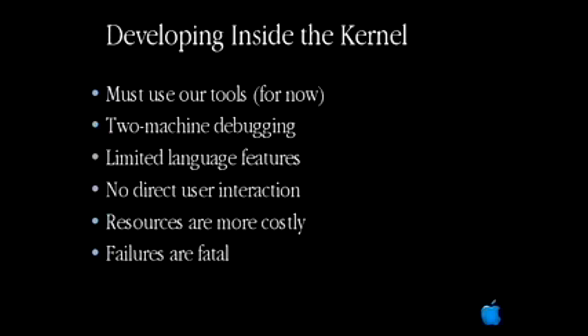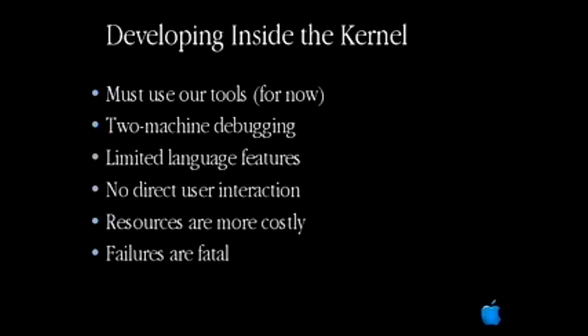C++ in particular is part of IOKit. Until we resolve some of the ABI issues with some of the other tool vendors, this ends up being a problem. Developing inside the kernel, you need to do two-machine debugging. Obviously, you're inside the kernel space, in a very protected context. The only way to do debugging is with two machines.